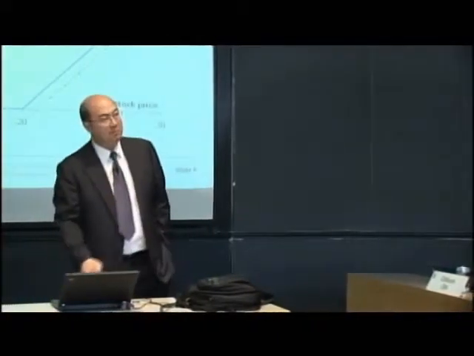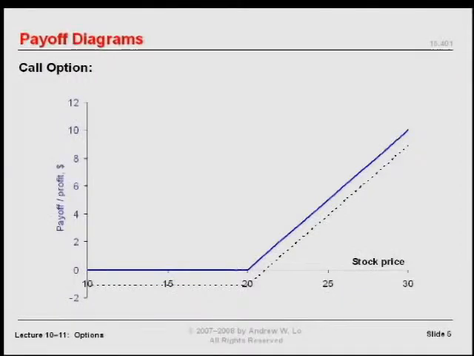Now, it's important to understand the differences between an option and an underlying because they have some very important distinctions in terms of their payoffs. The way we emphasize that is by looking at a diagram that graphs the option value as a function of the underlying parameters that influence the option.